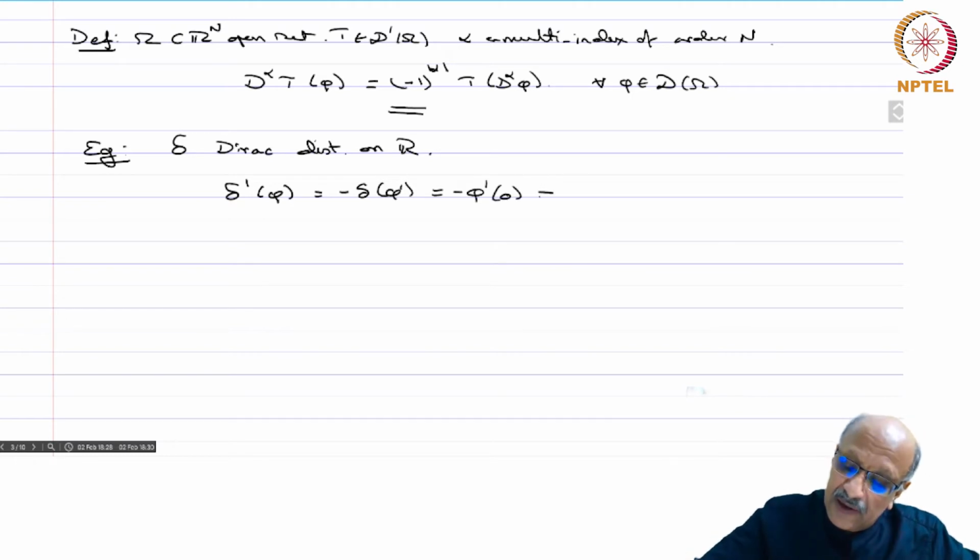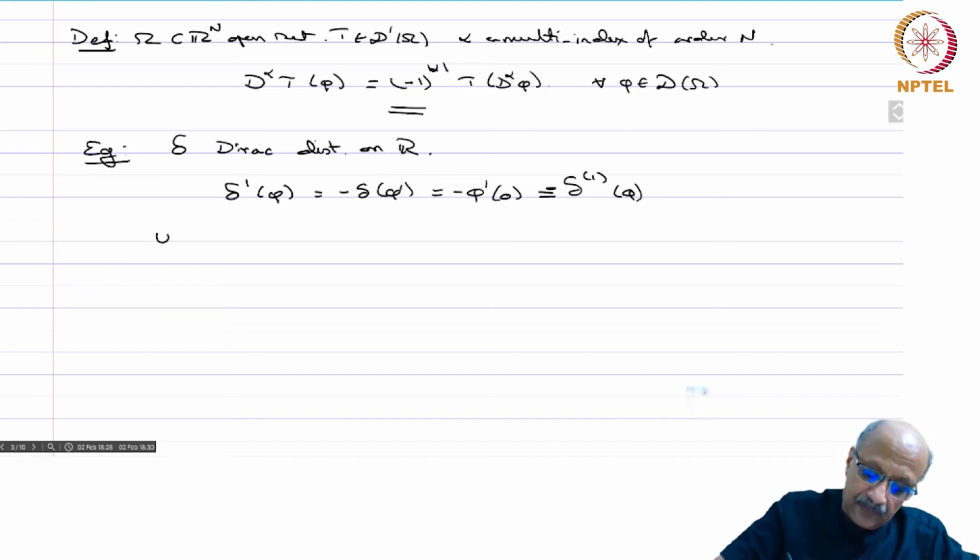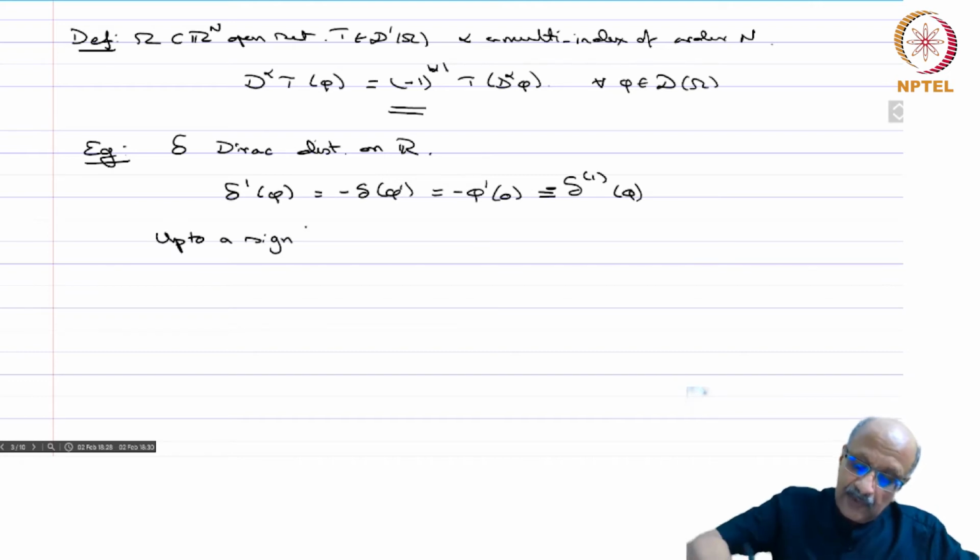And if you remember, this is nothing but delta 1 of phi up to a sign, minus delta 1 of phi as I defined it. So the notation was not accidental, it was deliberate, namely up to a sign, delta dash is the doublet distribution.